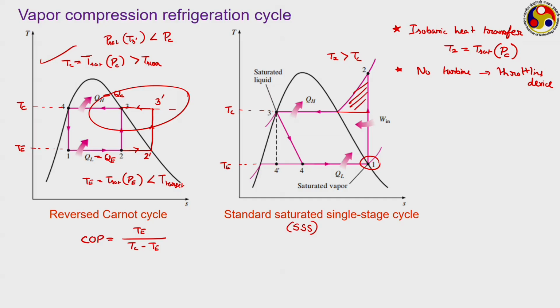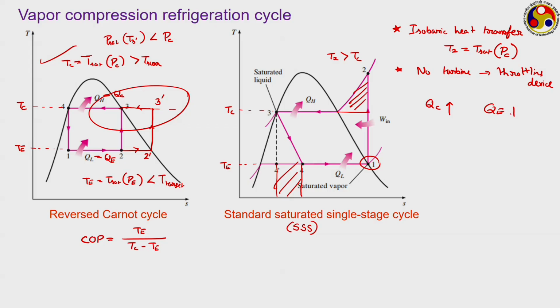Let me first talk about the condensation process. In the condensation process, this additional amount of heat has to be rejected. So, there is an increase in the total amount of heat lost in condensation, whereas during the evaporation process, because of the presence of the throttling, the amount of heat transfer gets reduced.